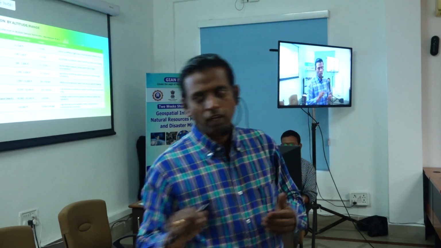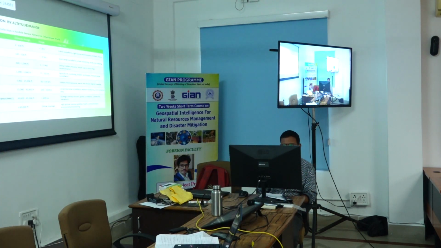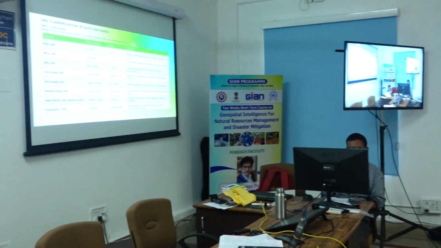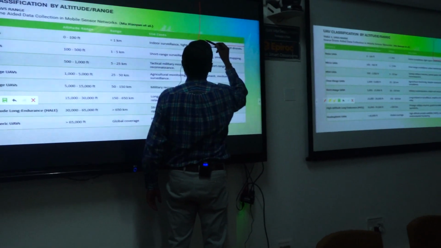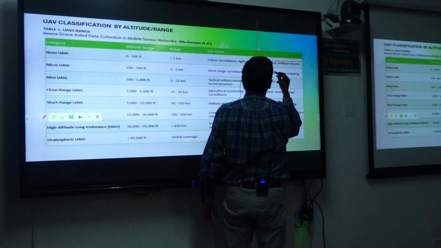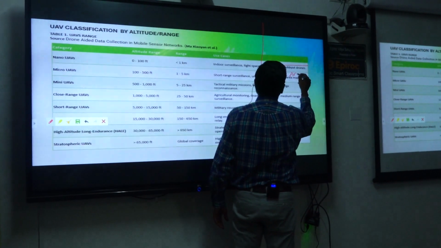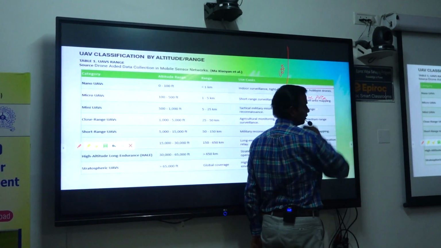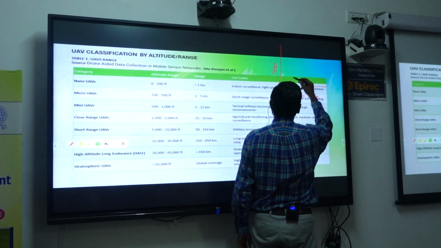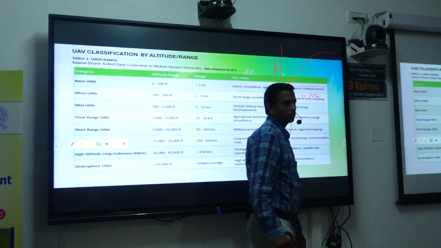If you draw a simple graph, one axis is the site area and the other is the cost. So what will happen? It should be like this.